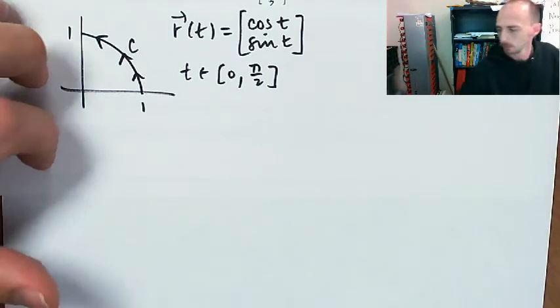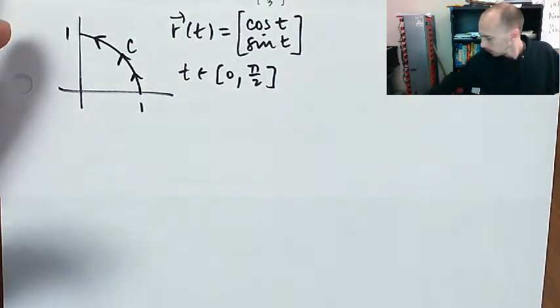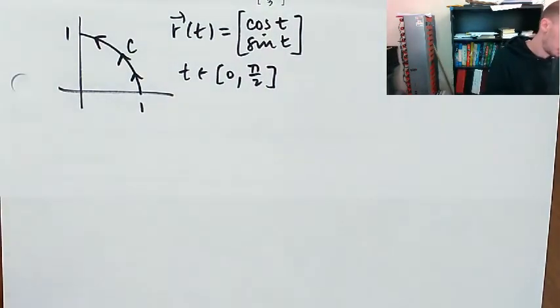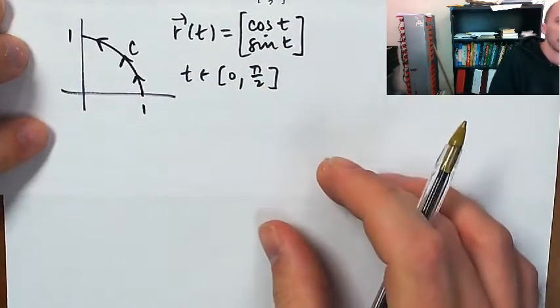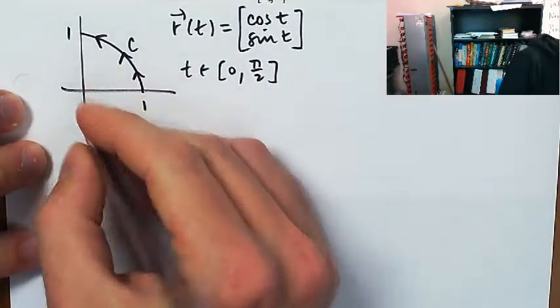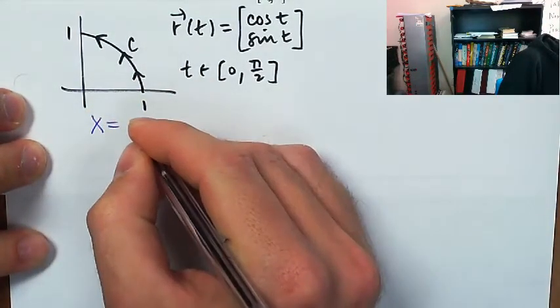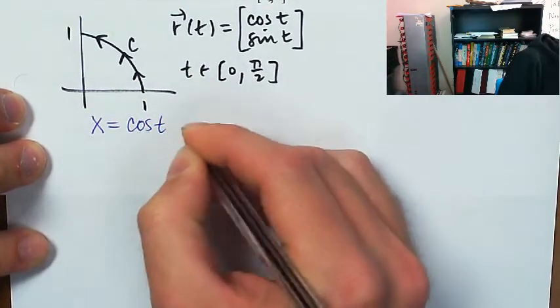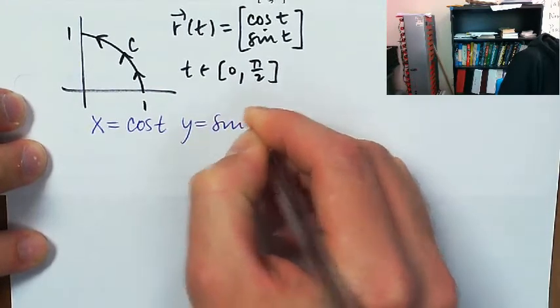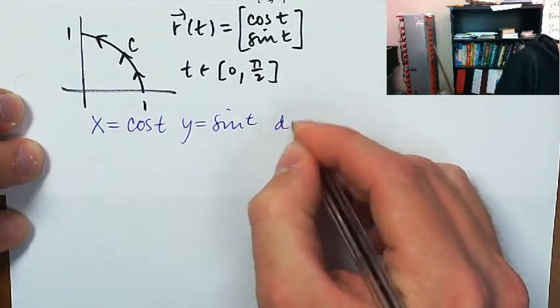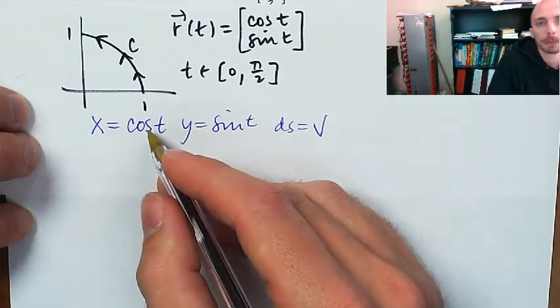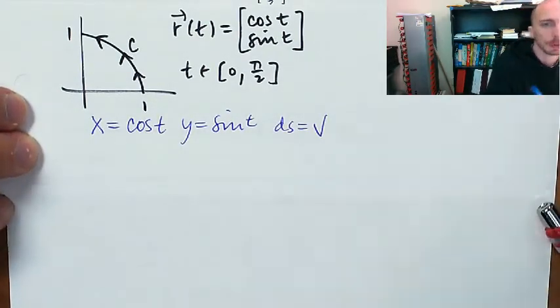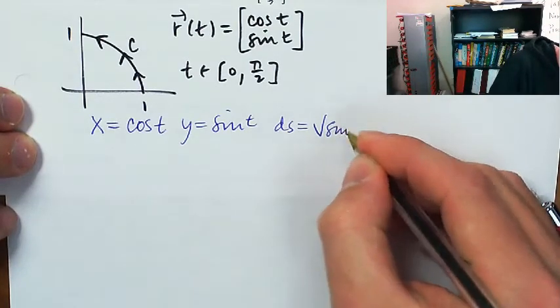Oh, yeah. So I need to convert x, y, and ds. That's fine. Okay, so the derivative of cosine of t with respect to t is negative sine t. I square that, I get positive sine squared t.